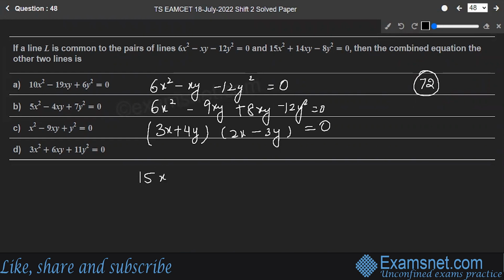And now the second pair, 15x squared plus 14xy minus 8y squared is equal to 0.